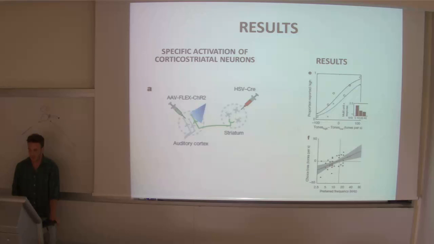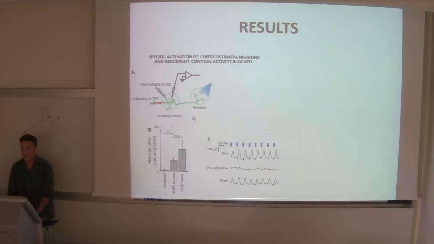Now, in this technique, it is possible that the activation of this neuron actually activated additional recurrent loops inside the auditory cortex. So in order to rule out that possibility, they did additional things. They changed the setup a bit. First of all, instead of presenting light in the auditory cortex, they did it in the striatum.